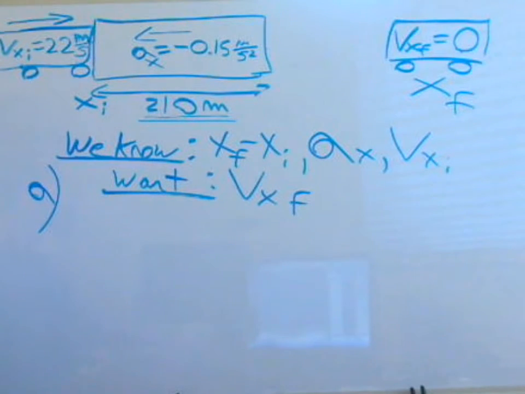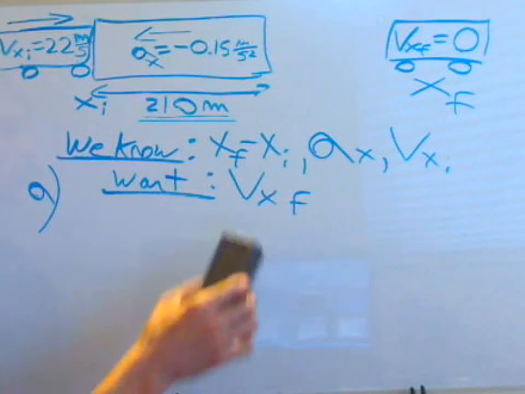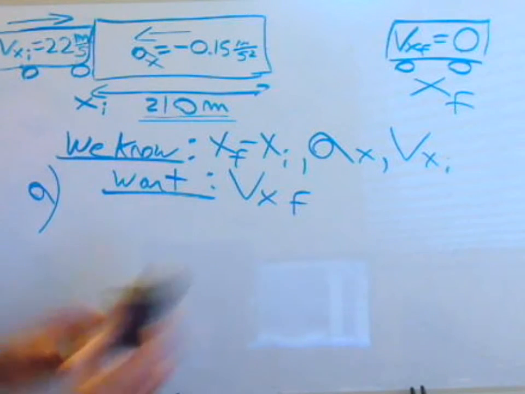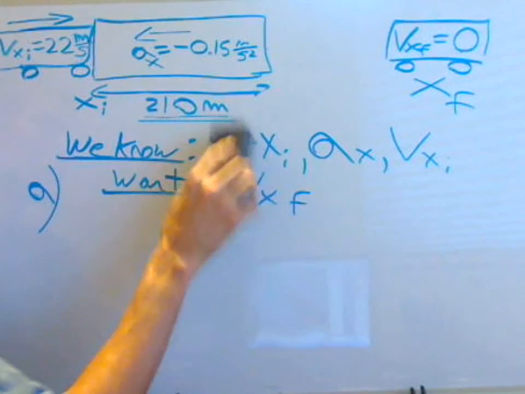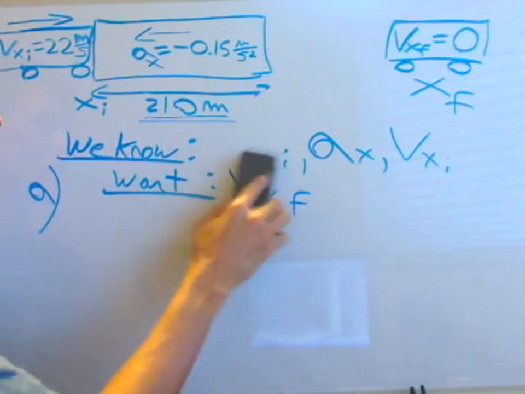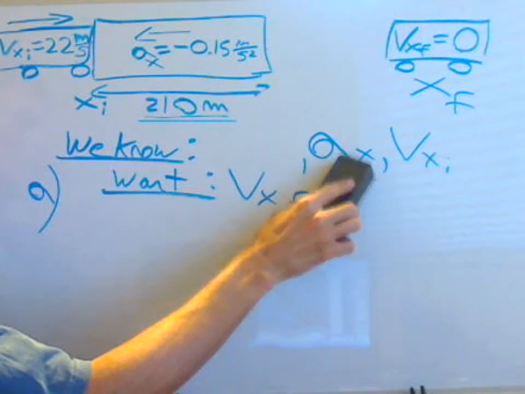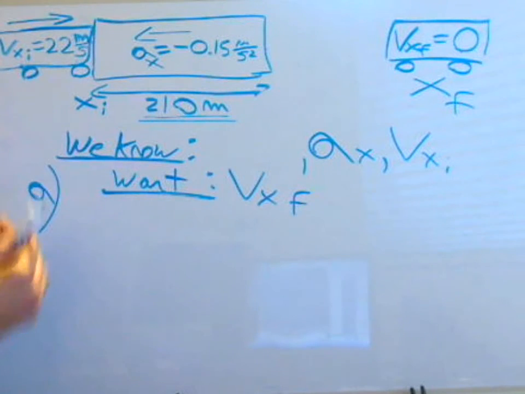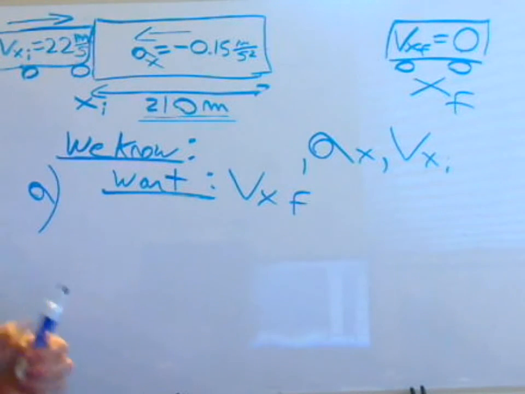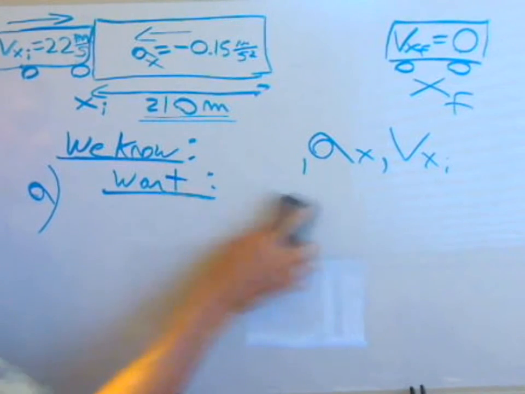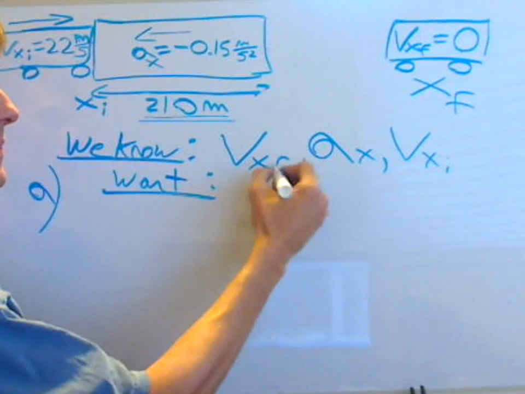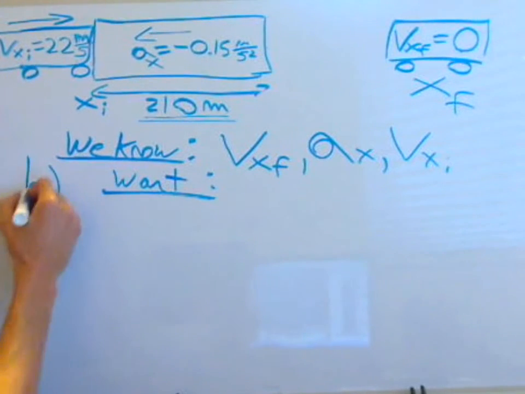Okay? So what do we know then? Well, we know the initial position, but we don't know the final position. So this is something we're going to want to find out. Okay? We know the acceleration, it's still this. We know what the initial velocity is. Okay? That's this. And we now know what the final velocity is. So the set of variables we know is still similar to part A. So this is part B now.